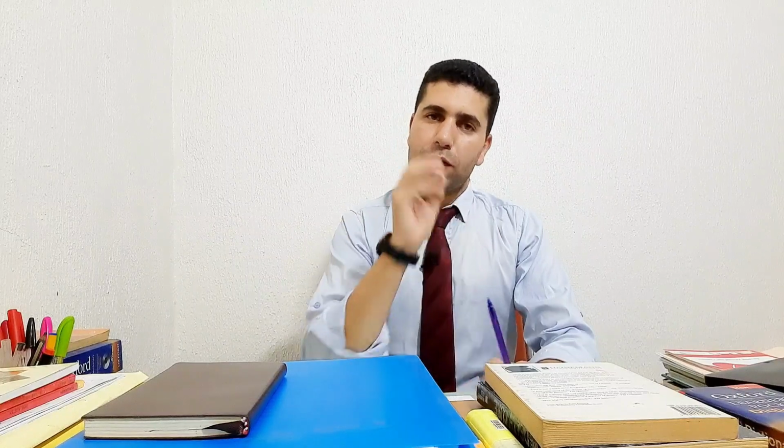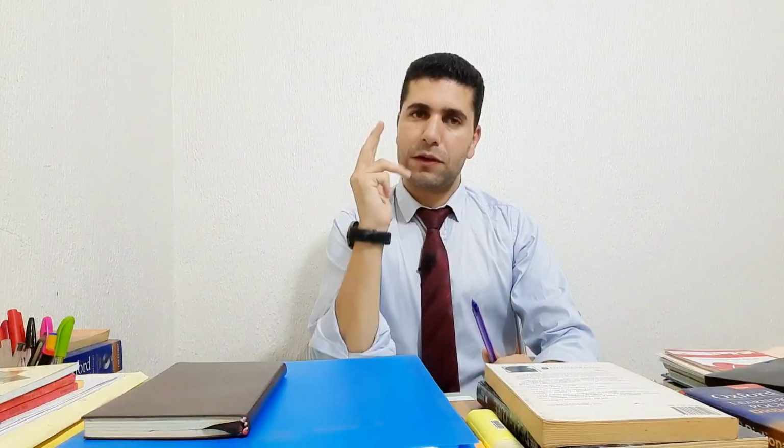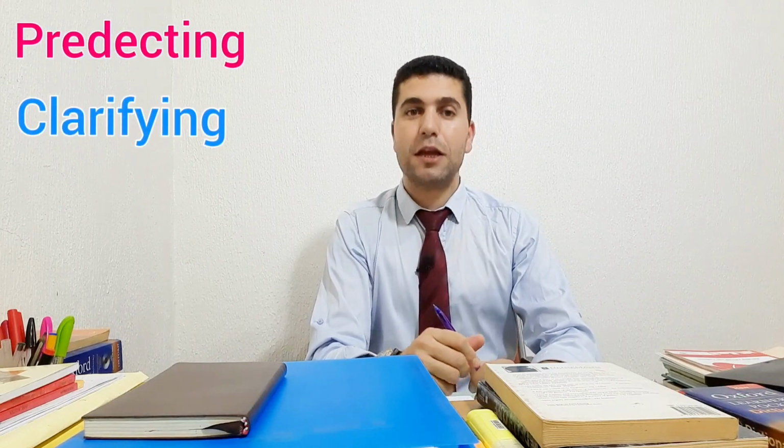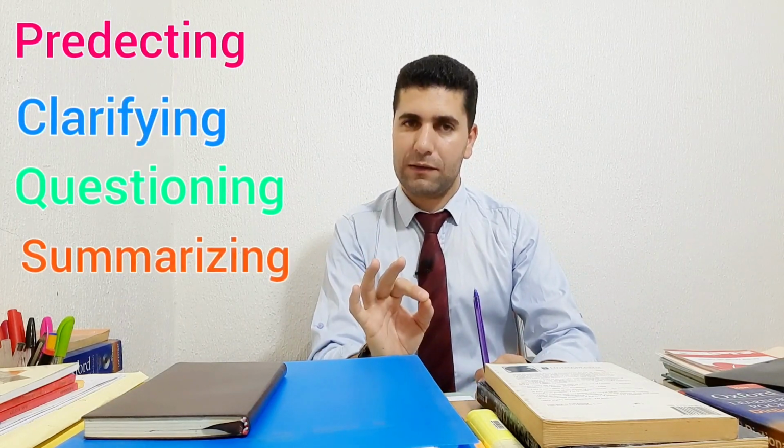Now, the first thing you have to know about this strategy is that we have 4 stages in this process. Number 1 is what we call predicting, then we have clarifying, questioning, and summarizing.